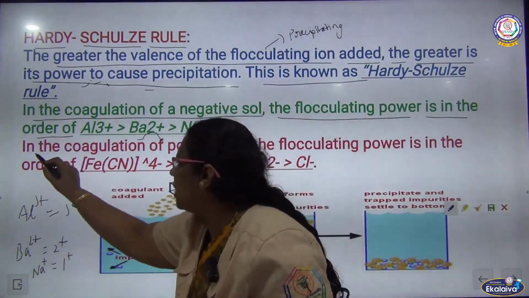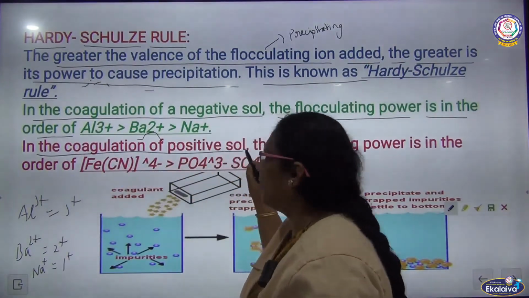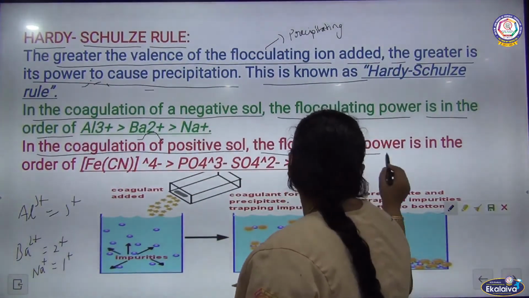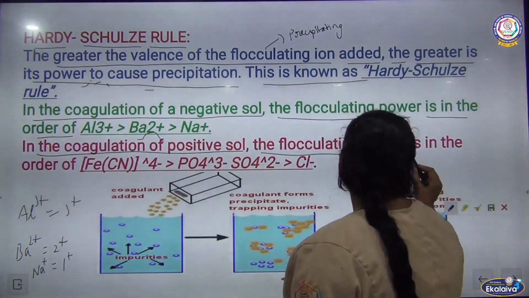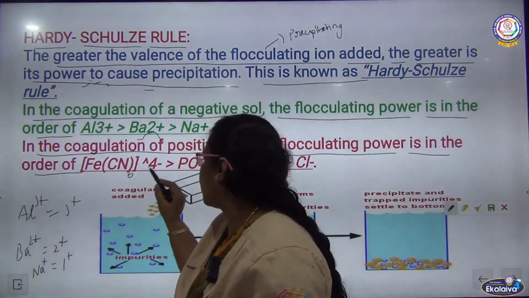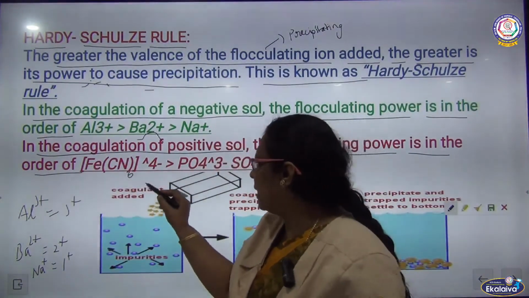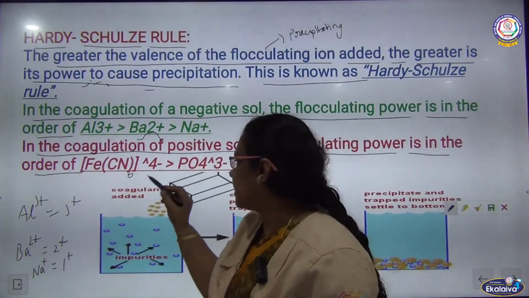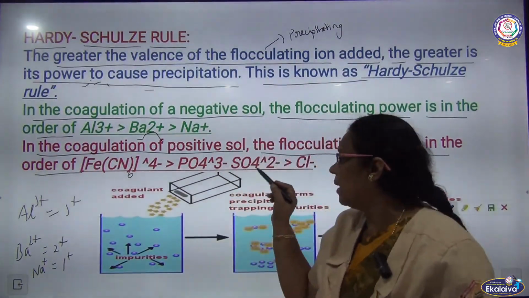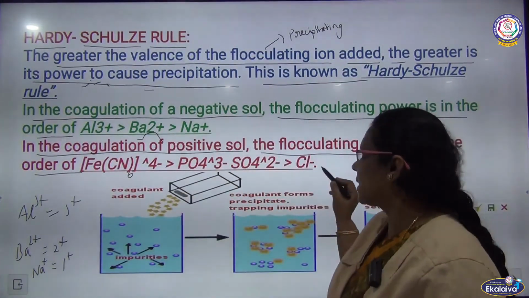In the coagulation of a positive sol, what will we do? We will add the negatively charged particle, is it not? The flocculating power is in the order of [Fe(CN)6]4- actually. So [Fe(CN)6]4- is greater than PO4 3-, which is greater than SO4 2-, which is greater than Cl-.